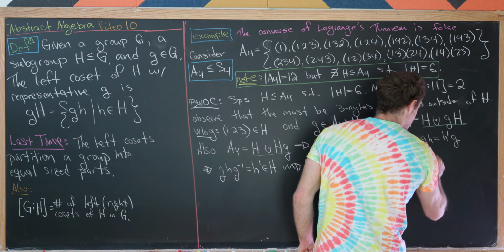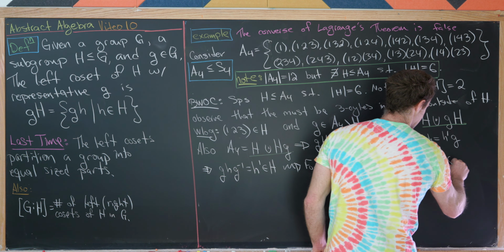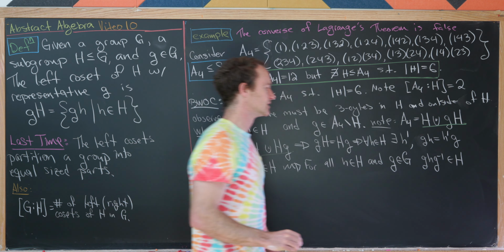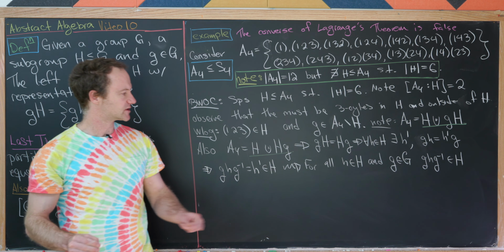We have g h g inverse is inside of H. So maybe we could talk this through. Like if little g is in H, this is totally trivial because we're combining things from H. But if little g is outside of H, because of this calculation right here, we get that. So if you've seen this stuff before, you know that subgroups that have this property have a special name, which we'll look at in a previous video.